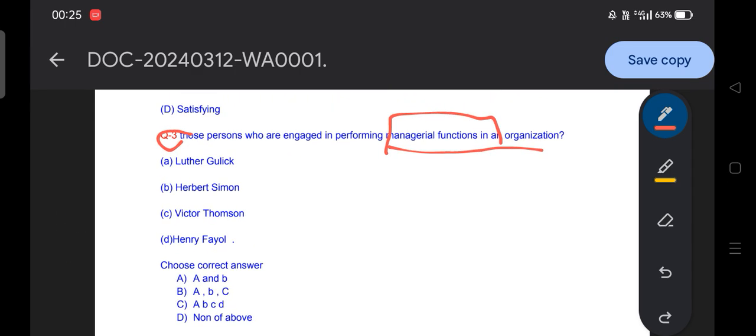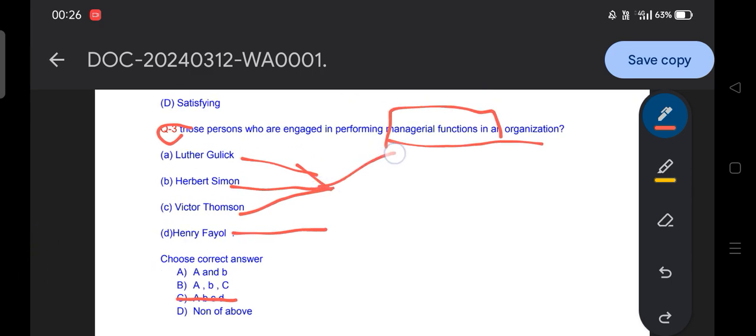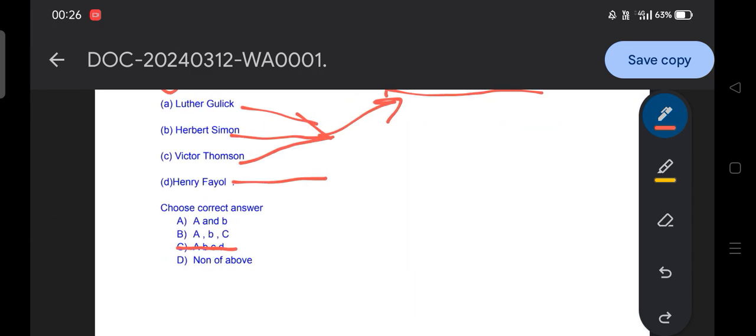So what is the answer? You can use the elimination method. Henri Fayol belongs to the integral theory or integral approach to organization, so you can eliminate option D. Luther Gulick, Herbert Simon and Victor Thompson all belong to the managerial function in organization. So the answer is option B, that is A, B and C.